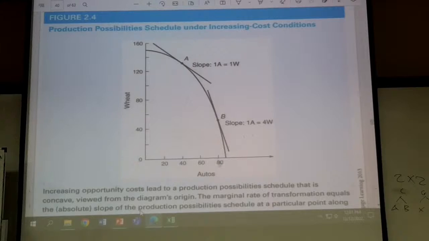Increasing opportunity cost leads to a production possibilities schedule that is concave. Viewed from the diagram origin, marginal rate of transformation equals the absolute slope at a particular point. At a particular point, we cannot know ahead what is the opportunity cost except at a particular point. Here.